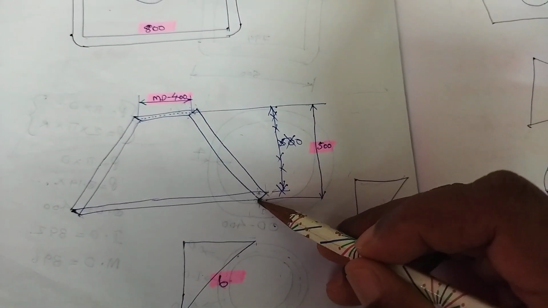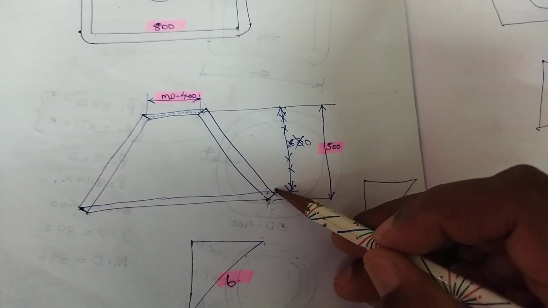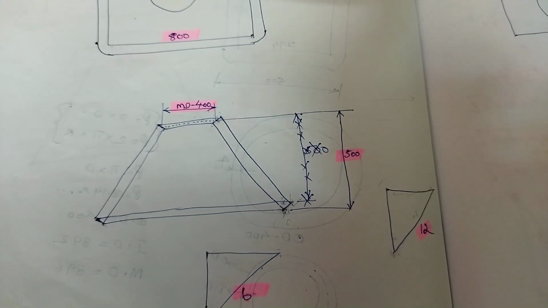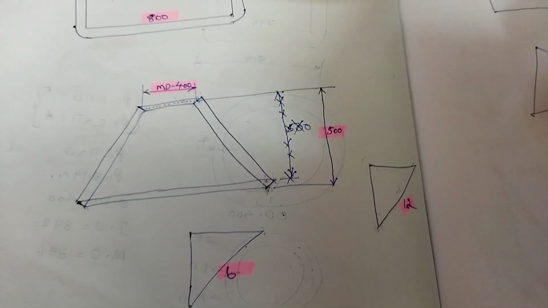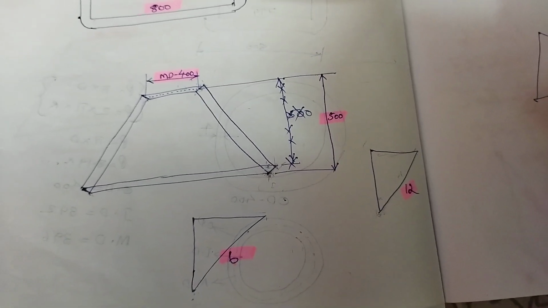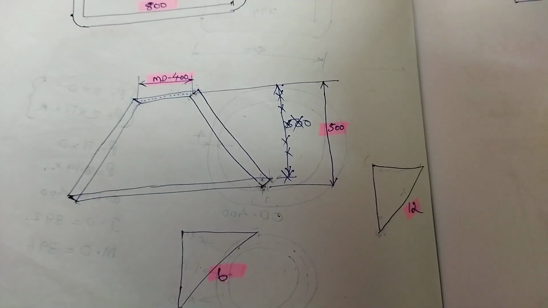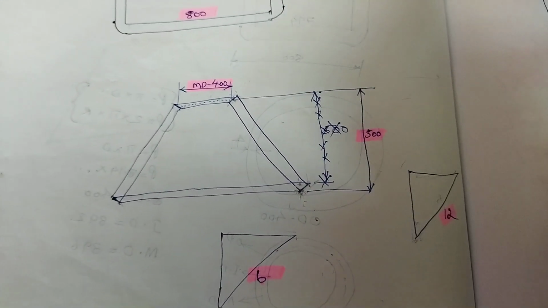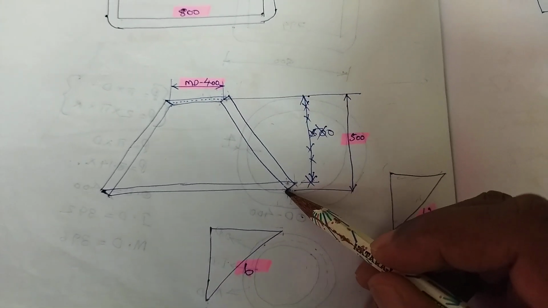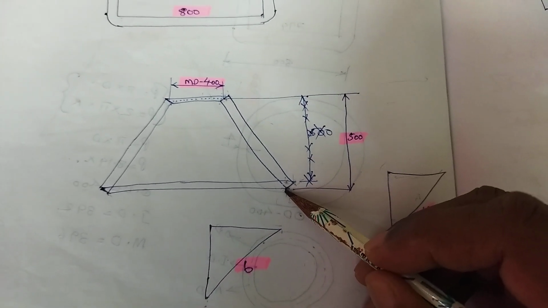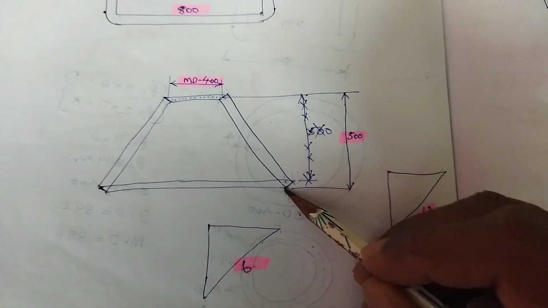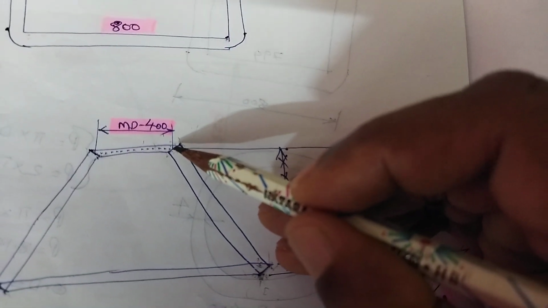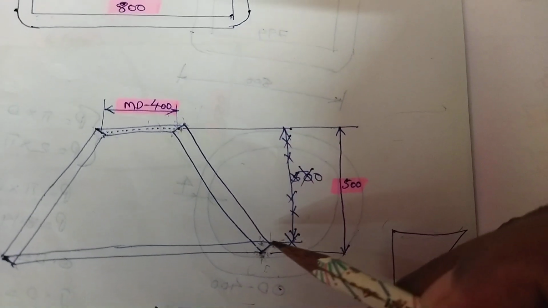This taper length will be 12 mm when we look from this front view elevation. So, for calculations, if we have to get this line, we have to decrease 6 mm from the center line. This is the center line. This center line comes here.